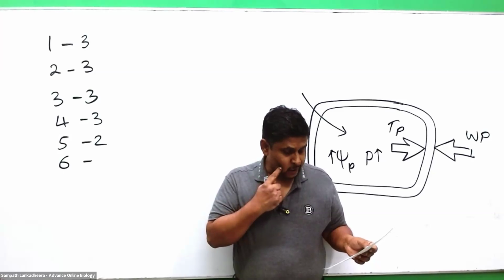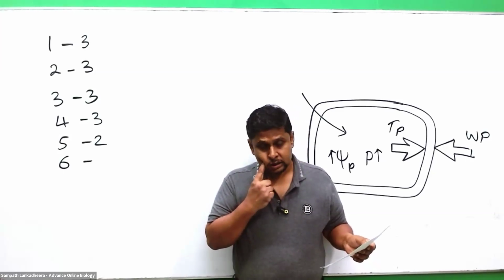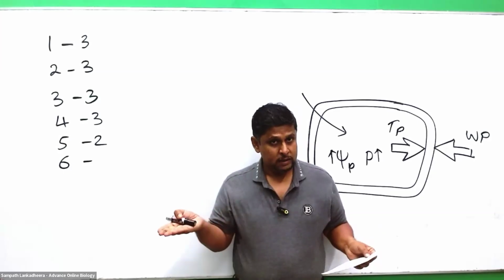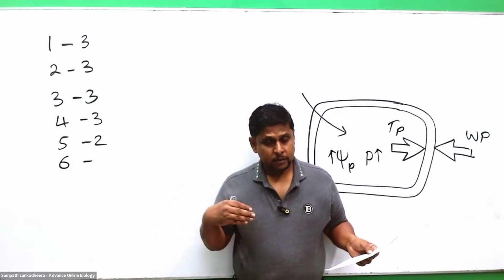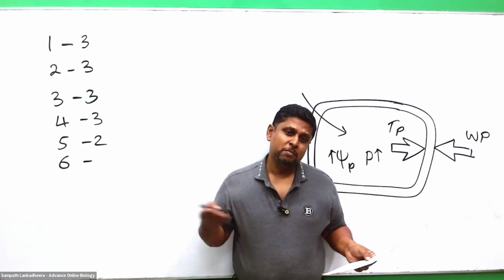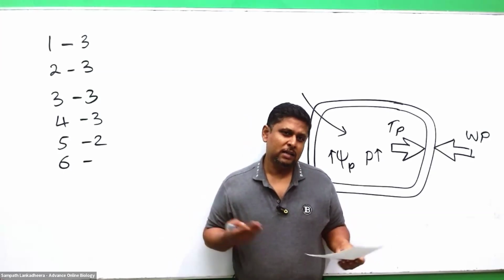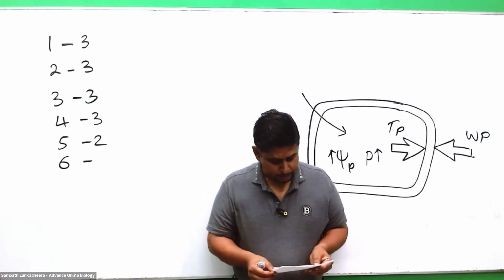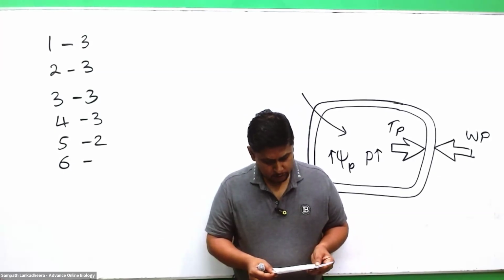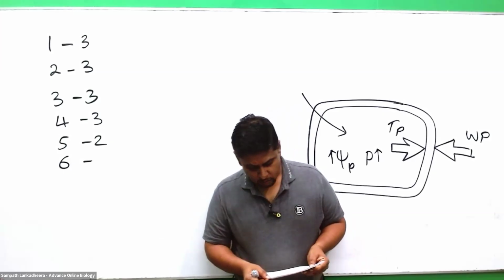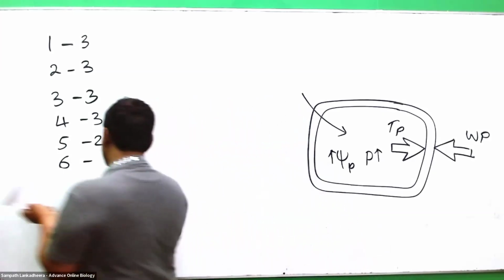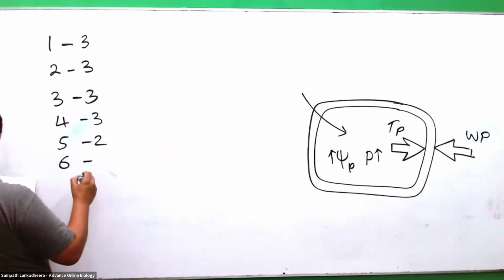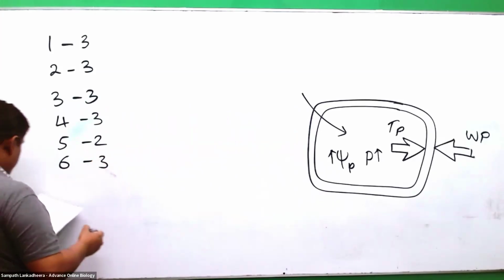Only occurs in xylem cells? No, not only in xylem; any living plant cell can build up positive turgidity. So I have the answer: pressure potential of a plant cell can be positive, negative, or relative to atmospheric pressure. That's correct. So shall we take the third one as the answer for that question?